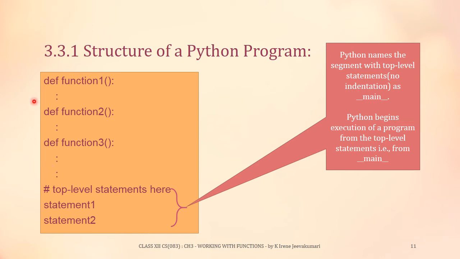So the execution of this structure starts from the top level statement, that is, from the first comment statement. These other statements are also top level statements, but they are function headers, so their function bodies are omitted. Until they are called, these functions will not be executed. The execution starts from the top level statement.